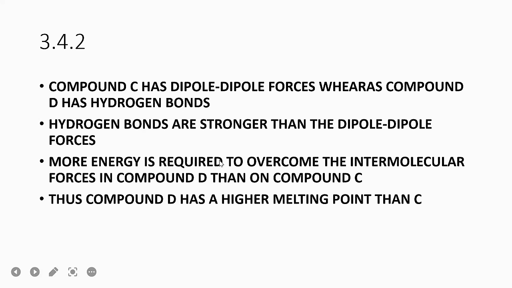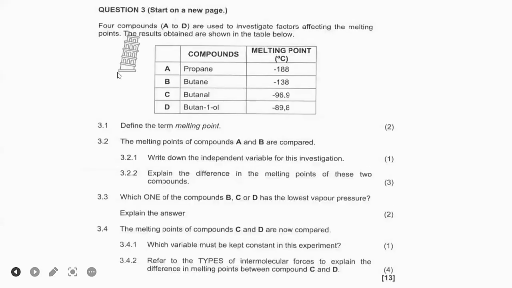That means more energy is required to overcome the intermolecular forces in compound D than in compound C. Thus, compound D has a higher melting point than compound C. And that's how you were supposed to explain this for a total of 4 marks. And then the rest of the question overall is equal to 13 marks. So you know you do not leave any mark to charity when it comes to this topic. You make sure that you collect everything.